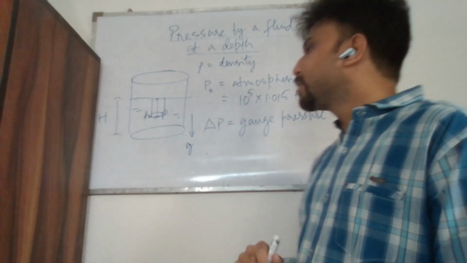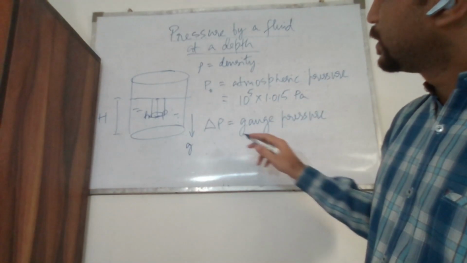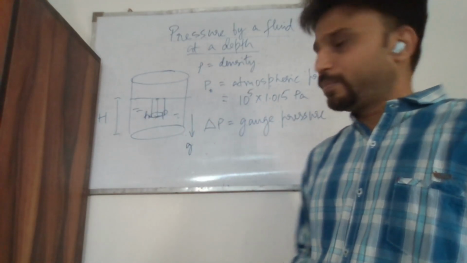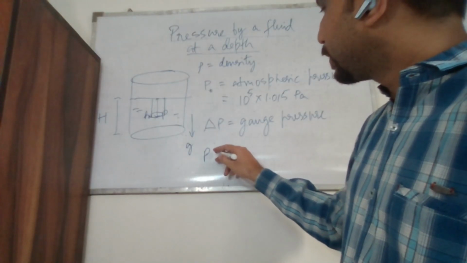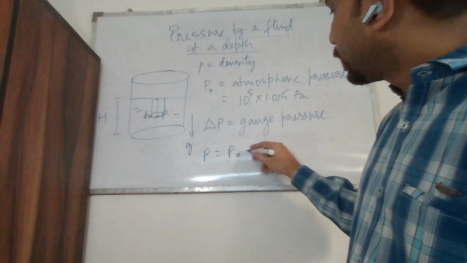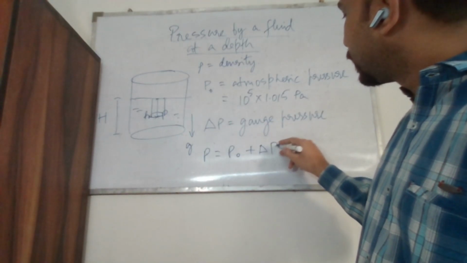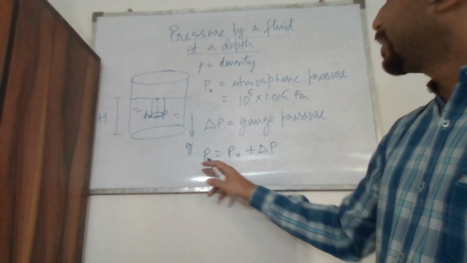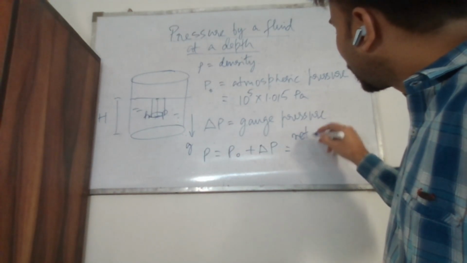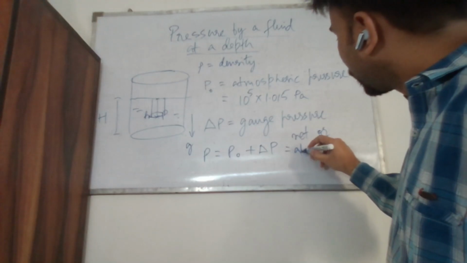If we add the gauge pressure, delta P, to P naught, we get the total pressure at point P, with value P equal to P naught plus delta P. So there is a net pressure at point P, net pressure or absolute pressure.